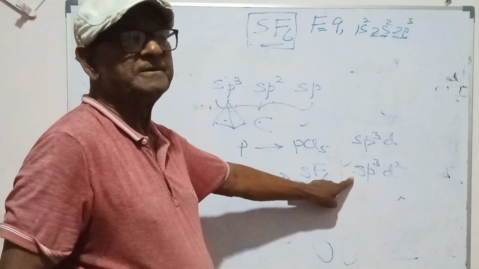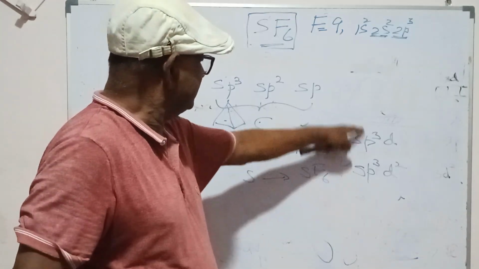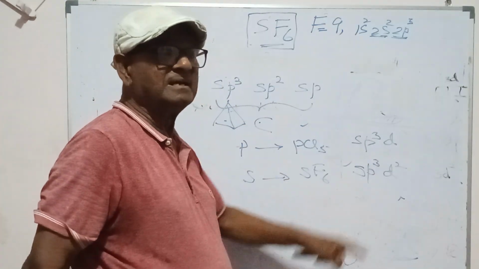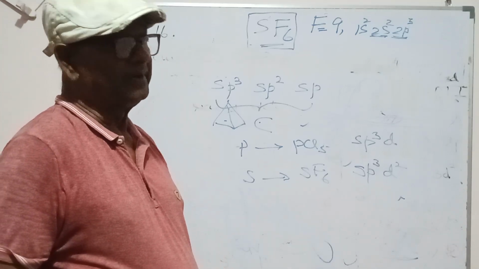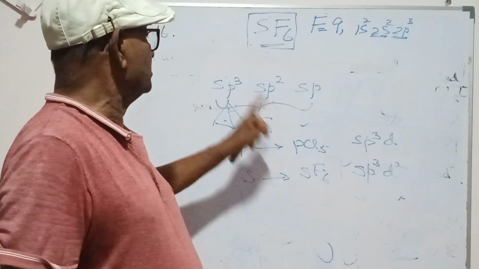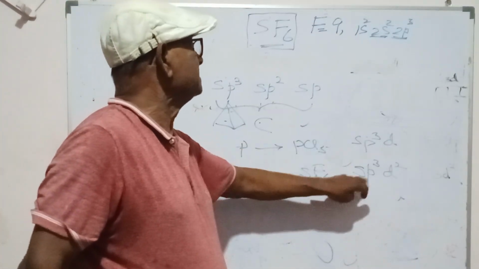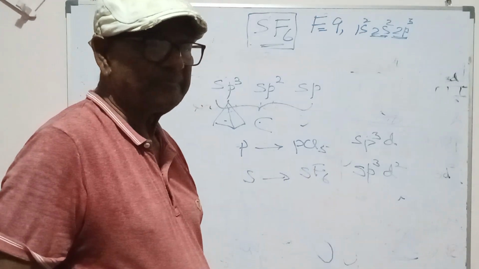This one gives the octahedral shape. These are the 5 types of hybridizations related with your A-level syllabus. Right? Then you must know these in detail, sp3d and sp3d2 related with phosphorus and sulfur.